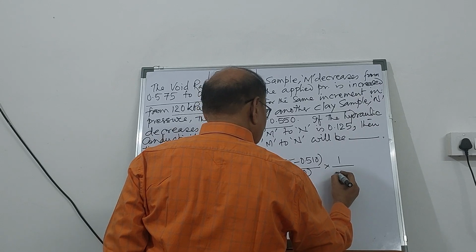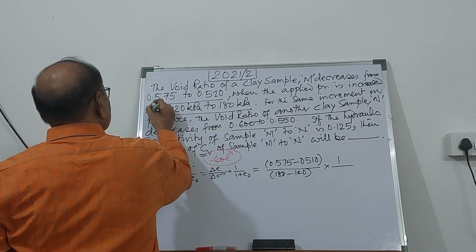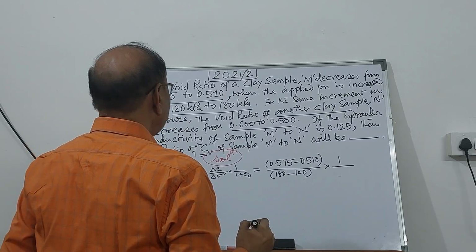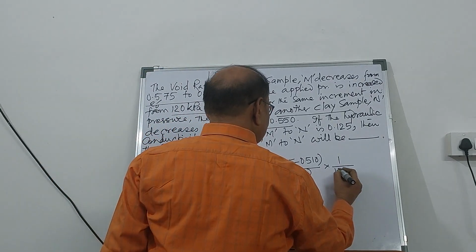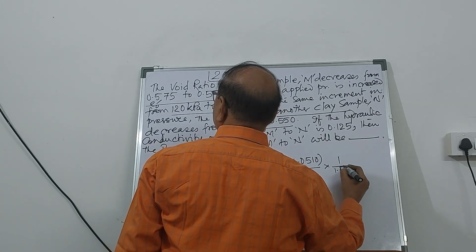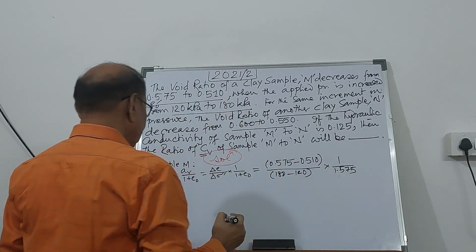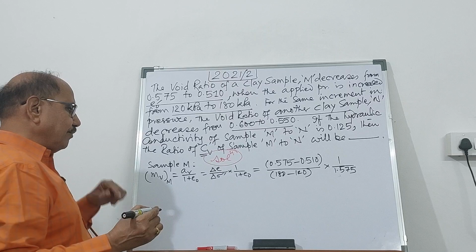And what is the value of E naught? 1 upon 1 plus E naught. This is your E naught value given in the problem as 0.575. So 1 plus E naught becomes 1.575. This is the value of MV. And what is the unit of MV?